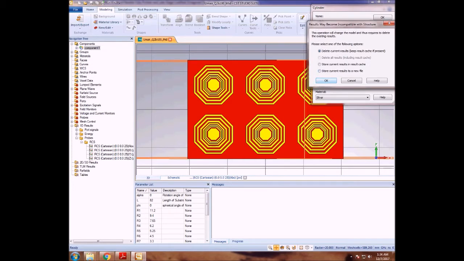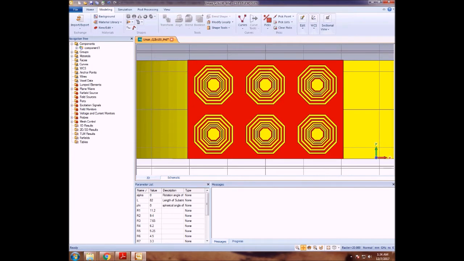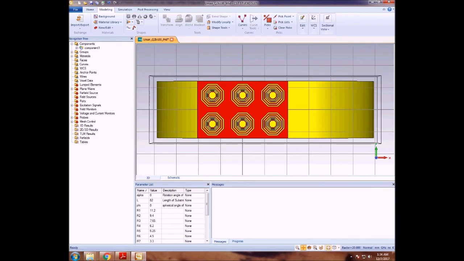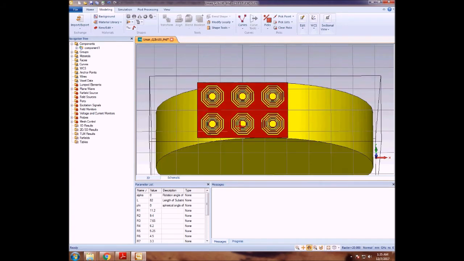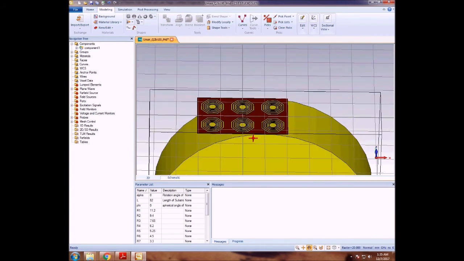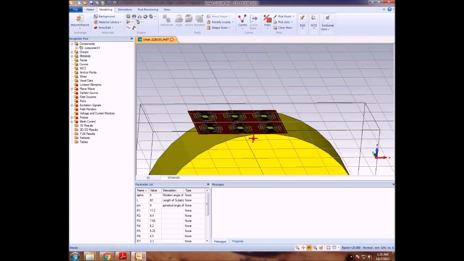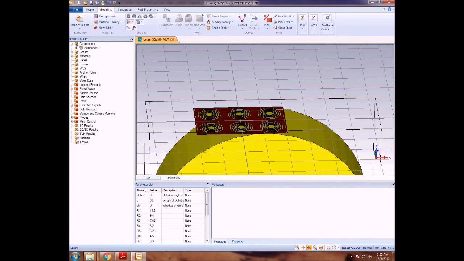Okay, you can see we made this cylinder. The cylinder touches the substrate. Now we will bend this substrate.